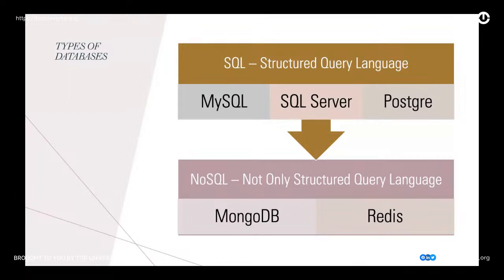We have two types primarily, SQL and NoSQL. SQL is structured query language. The thing about it is that it has specific, fixed columns. Take for instance, you want to create a table for users. There is a specific structure your table would follow, and every user you enter into that table must have each of those columns.